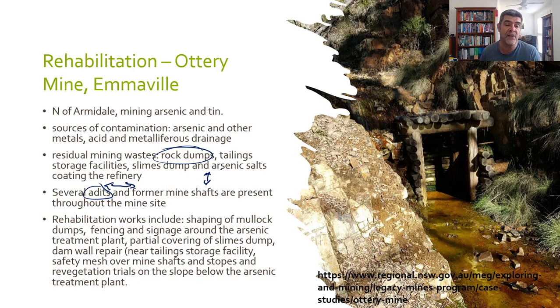Safety mesh was placed over those mine shafts and stopes to minimize the chances of people or animals inadvertently falling into them. Also, some revegetation trials were happening on the slopes below the arsenic treatment plant. So we have quite a range of different rehabilitation works that were trying to counter some of the damage that the mining over many years had done to the environment.